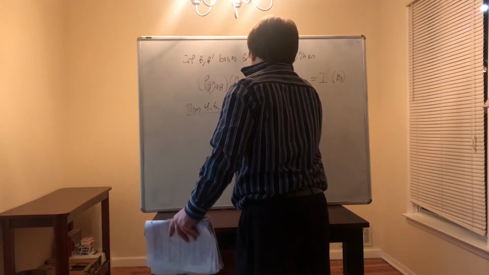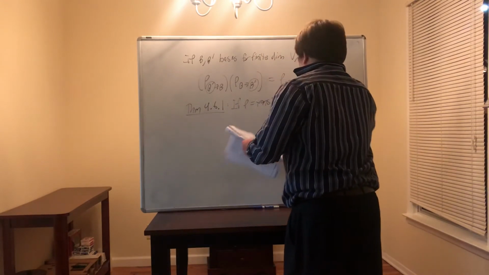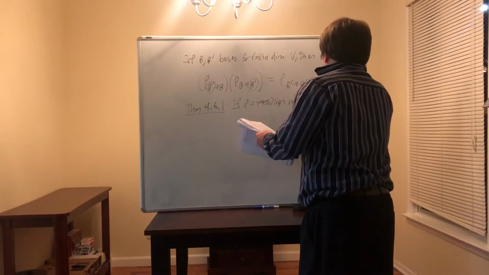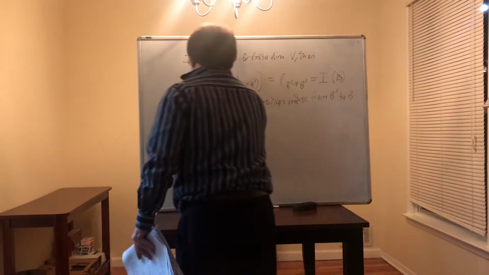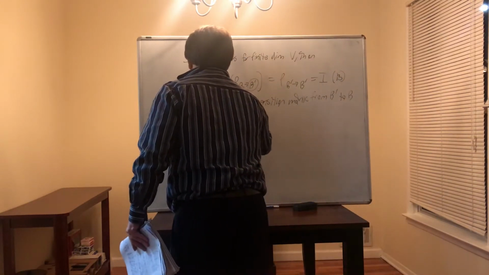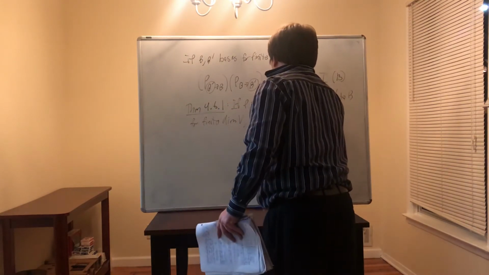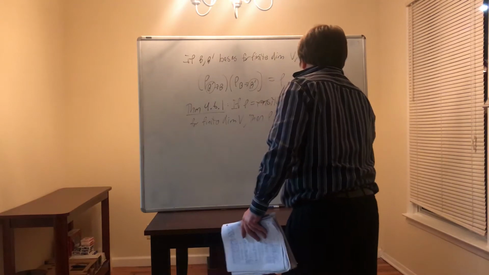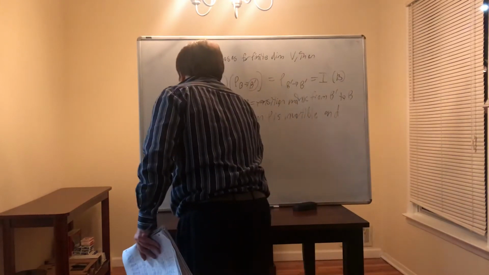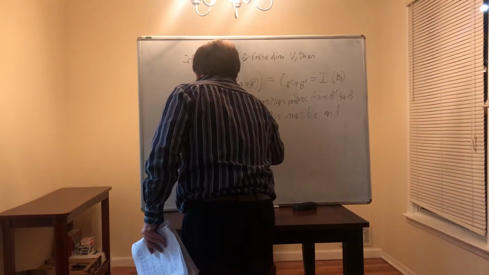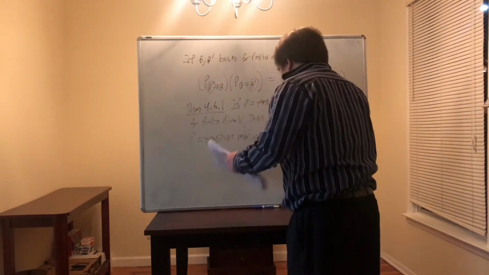If P is a transition matrix from a basis B prime to a basis B for finite dimensional V, then P is invertible and P inverse is a transition matrix from B to B prime.